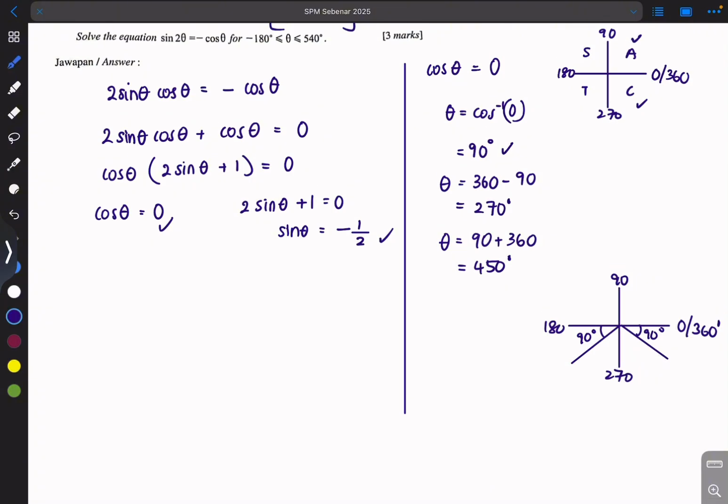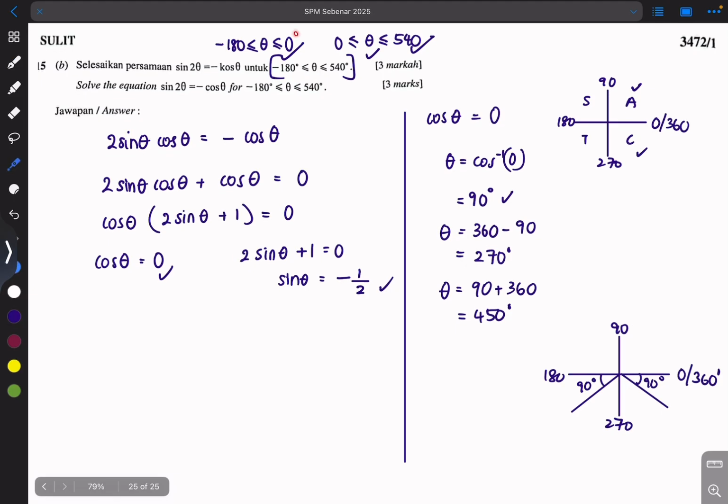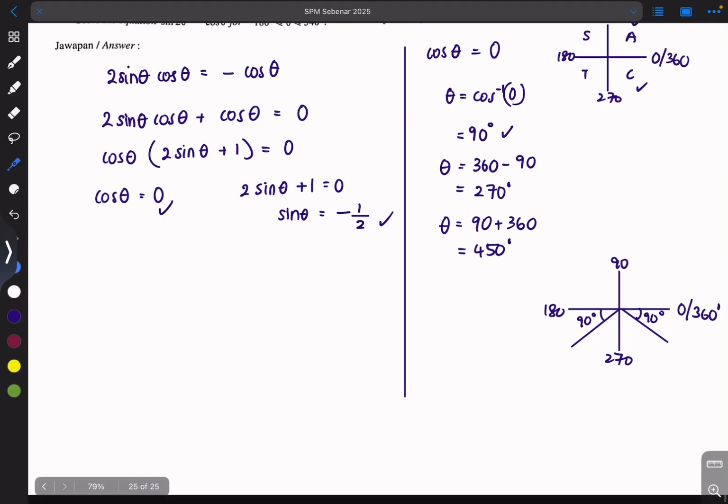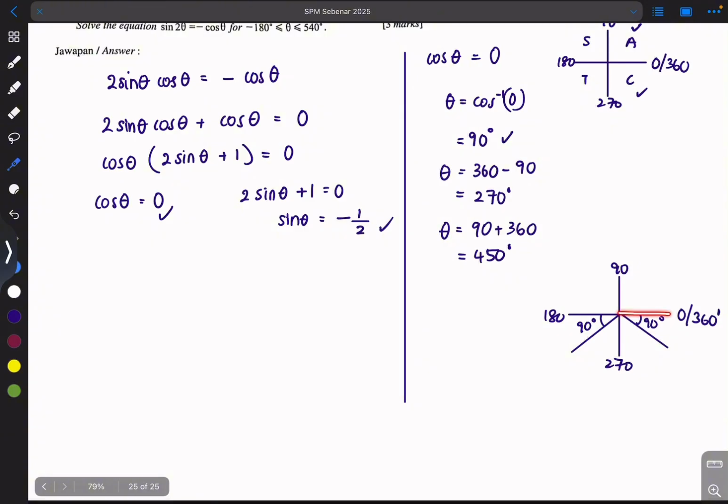Okay. So between 0 and negative 180, that means when we start here, we are going in this direction. Theta is positive in the first quadrant. So the first quadrant means it's 90. So going in the opposite direction, we put negative 90. We start here, so theta is positive here.